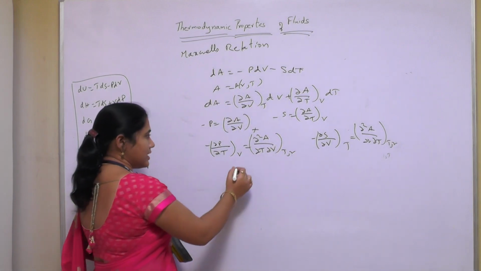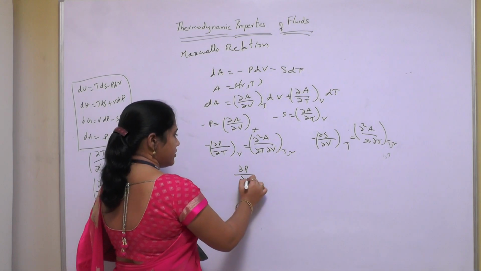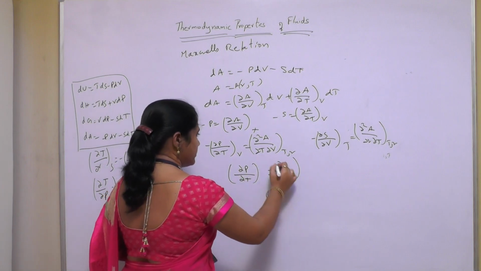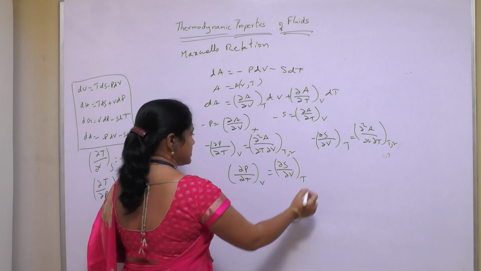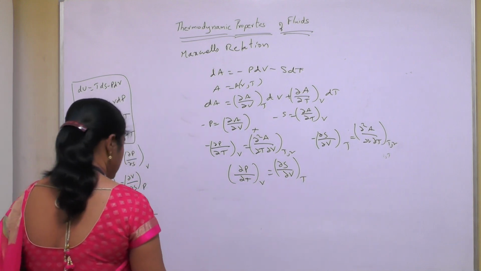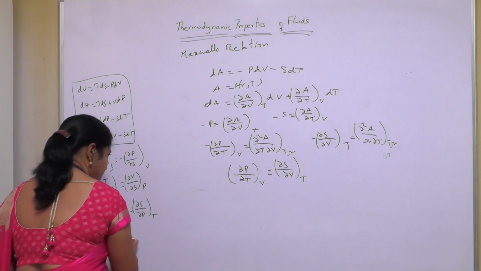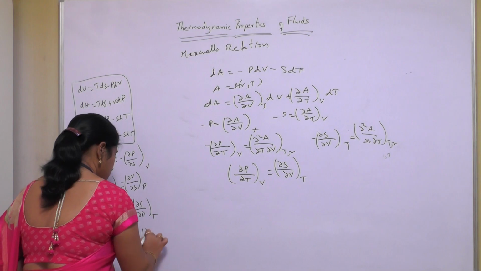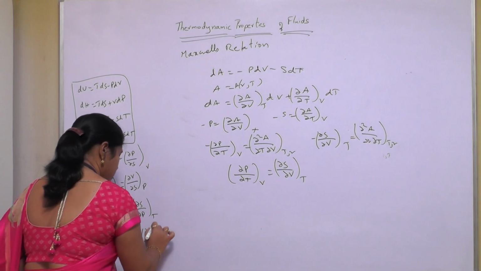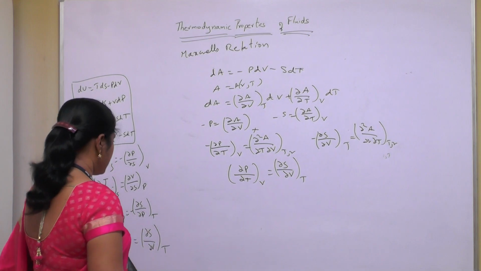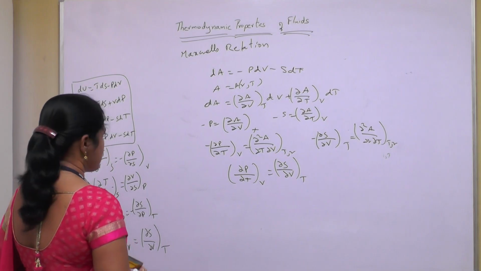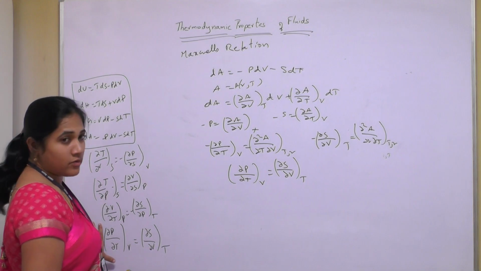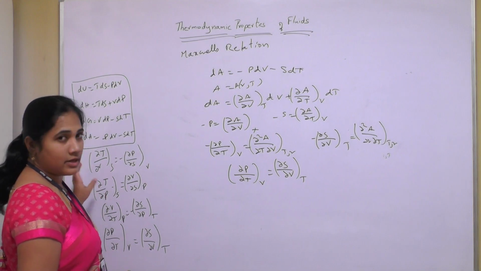Equating these two, finally we get (∂P/∂T) at V equals (∂S/∂V) at T. This is the final relation. With the help of these fundamental property relations and the Maxwell relations, we can find any thermodynamic properties.